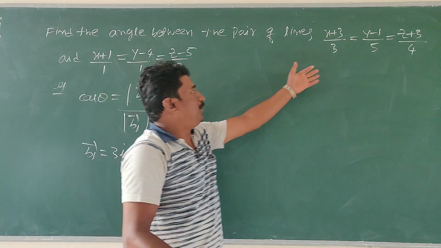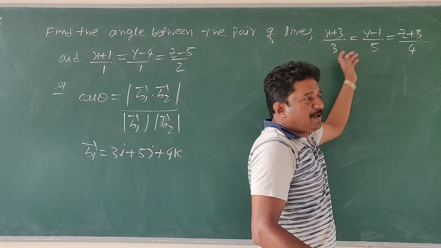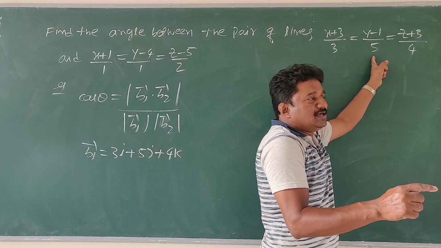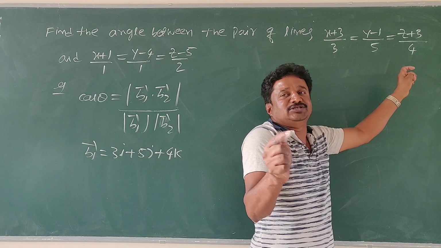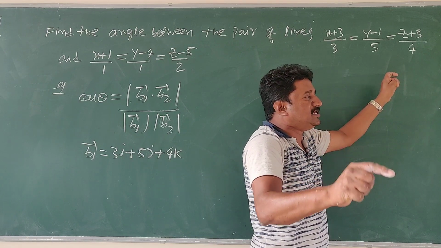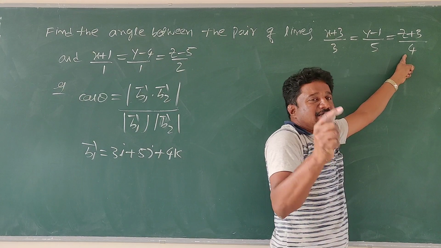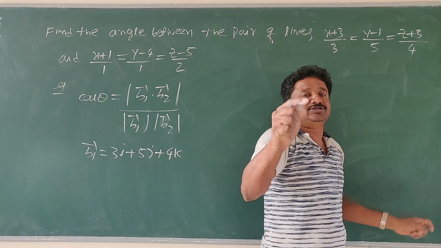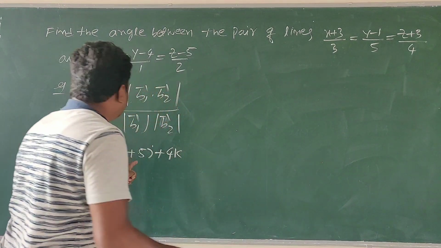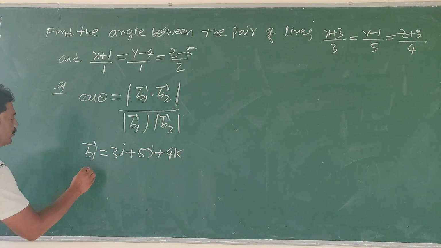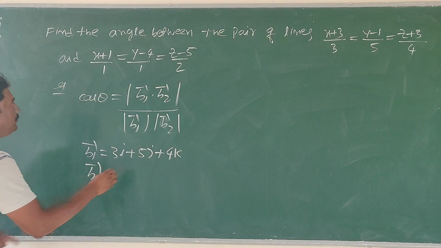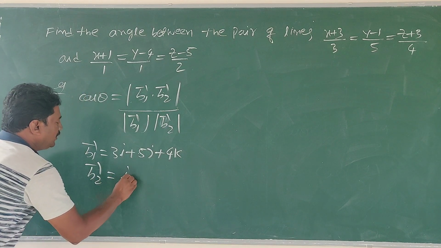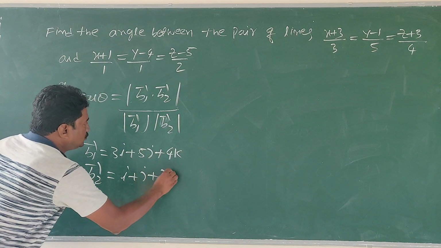These are the vector components of vector b. a, b, c means DRs of vector b. So take vector b2. Tell me b2: i plus j plus 2k.